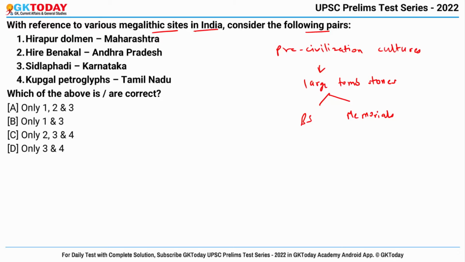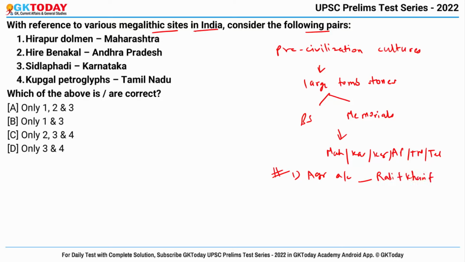And basically megaliths are majorly found to be concentrated in the states of Maharashtra, Karnataka, Kerala, Andhra Pradesh, Tamil Nadu and Telangana. Now some of the practices that megalith people followed are, first of all, they are known to carry out agricultural activities in both Rabi as well as Kharif seasons.